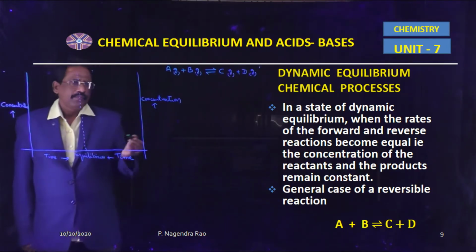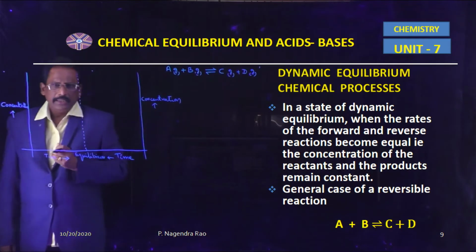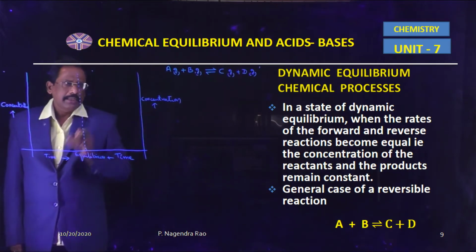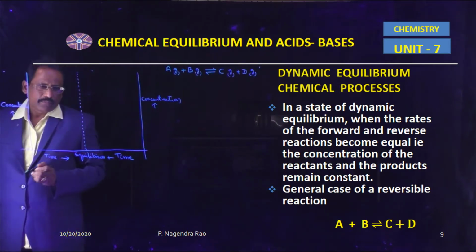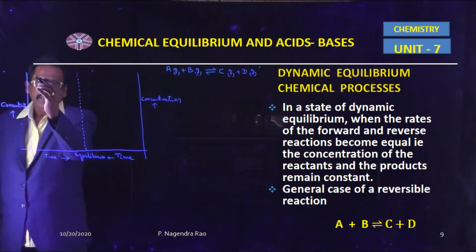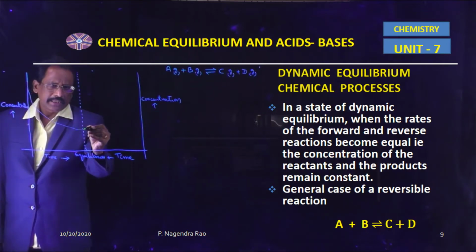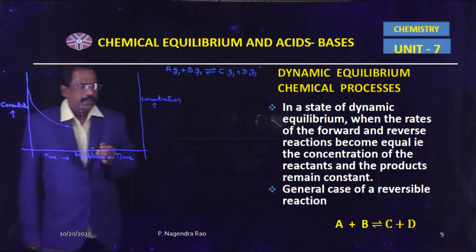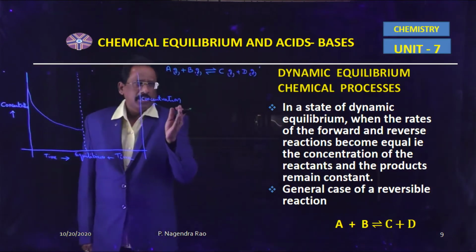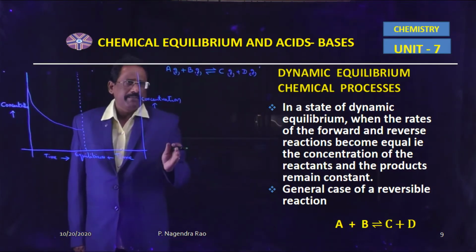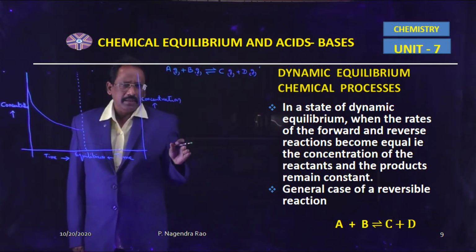if A and B reactants react together with respect to time, slowly the concentration of the reactants decreases like this, because with respect to time, A and B are involved in the chemical reaction.